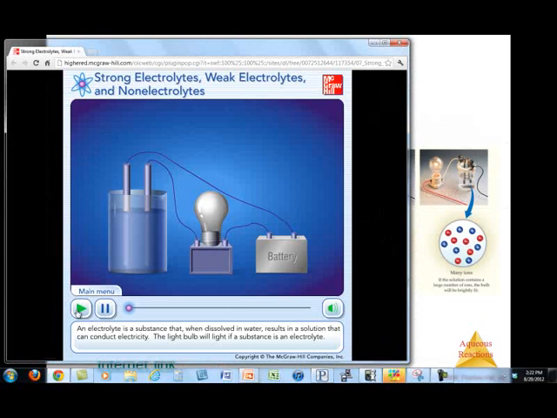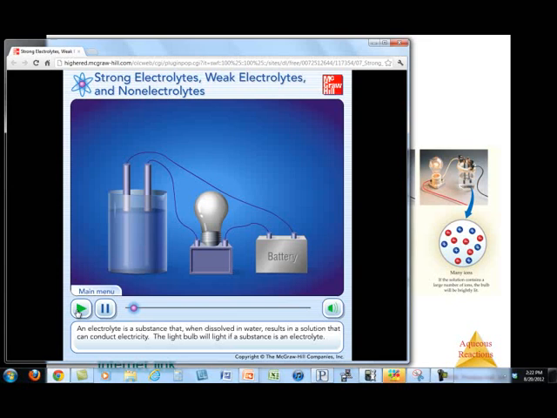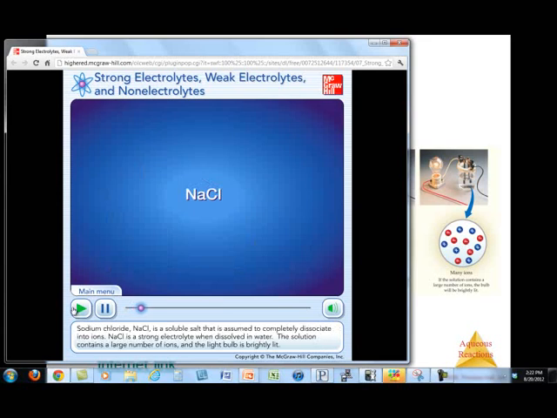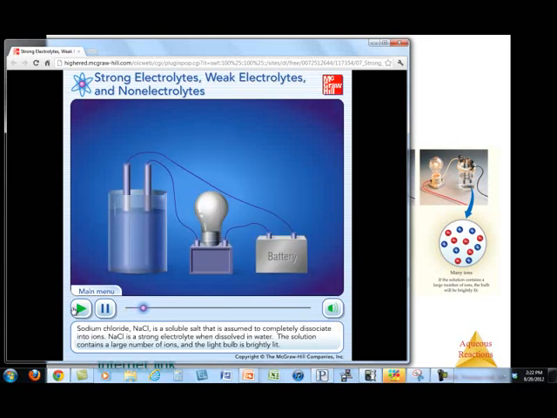An electrolyte is a substance that, when dissolved in water, results in a solution that can conduct electricity. The light bulb will light if the substance is an electrolyte. Sodium chloride, NaCl, is a soluble salt that is assumed to completely dissociate into ions. NaCl is a strong electrolyte when dissolved in water.